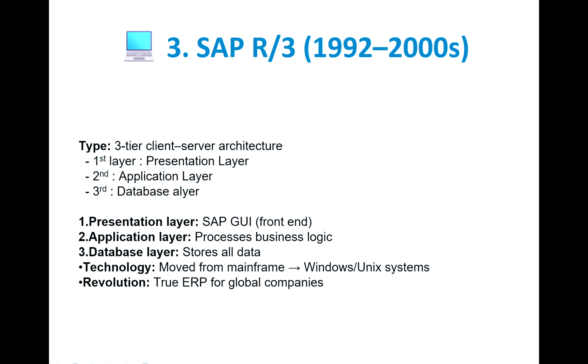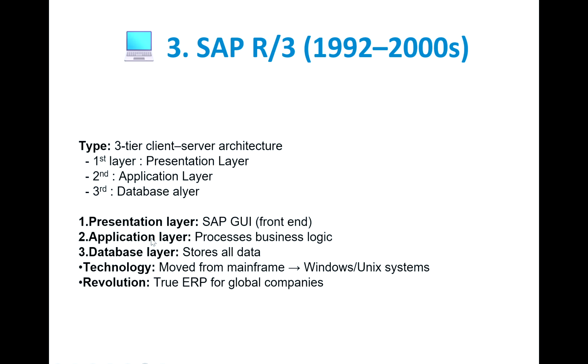Moving on to the next slide, here we have R3. This started somewhere in 1992 to 2000, and there are three layers here: presentation layer, application layer, and database layer. So here the database layer is also added. As I told you, the presentation layer is SAP GUI, the front end.